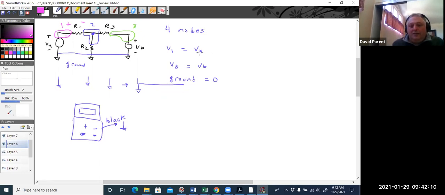So when I say VA, that's just the label. But when I say V1, well, V1 to where? You can't just say V1, where's the reference? Really, it's V1 to ground. But rather than write it out that way all the time, we use the shorthand V1.